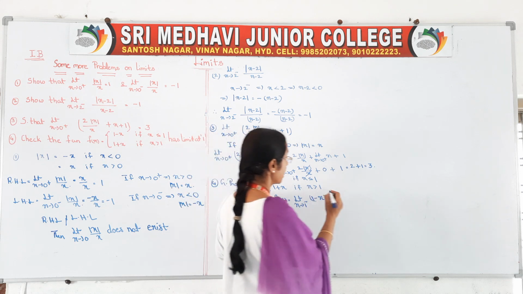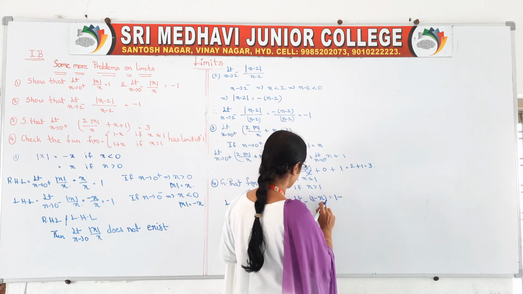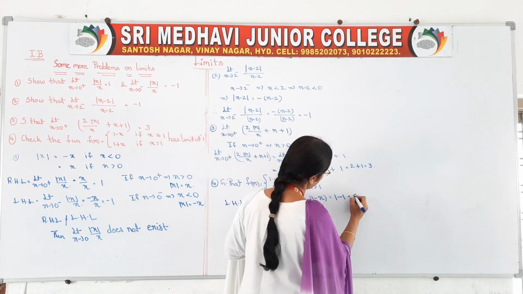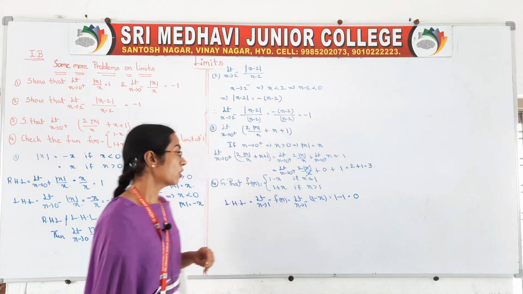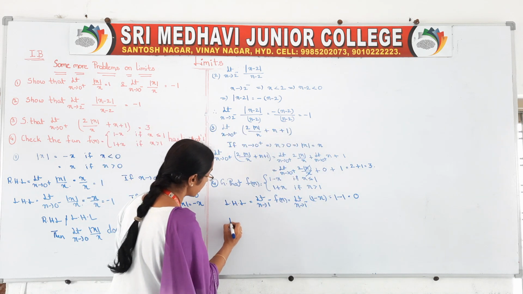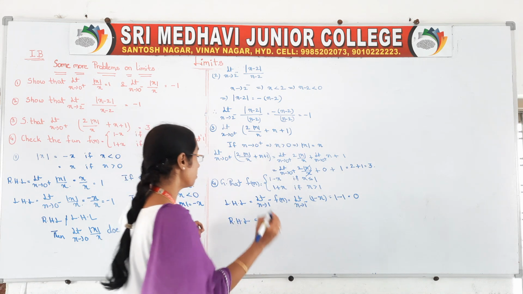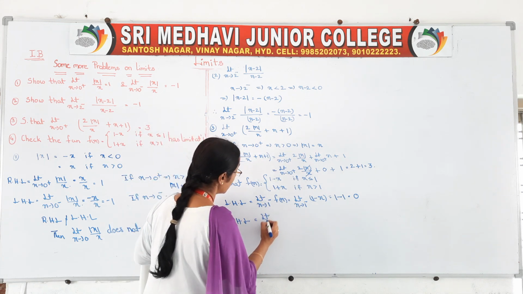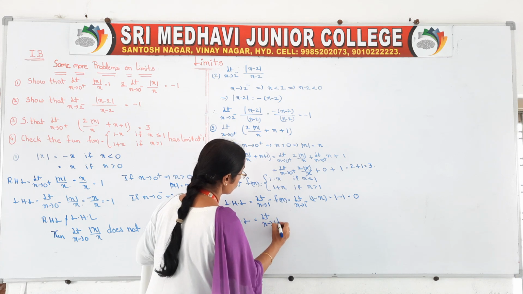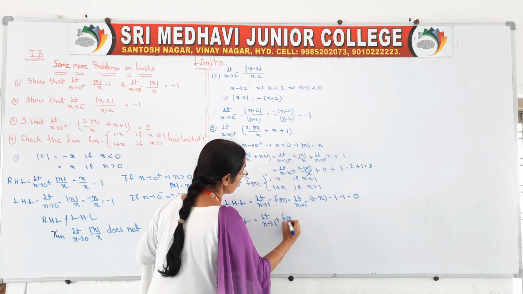So here it is 1 minus, in x place we take 1, that is 0. Okay, next you take your right hand limit. So right hand limit is equal to limit x tends to 1 plus of f of x.